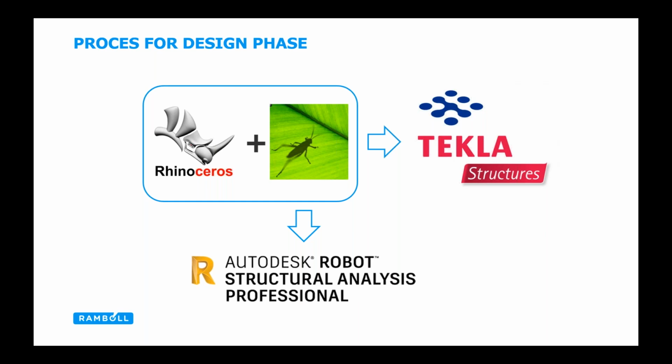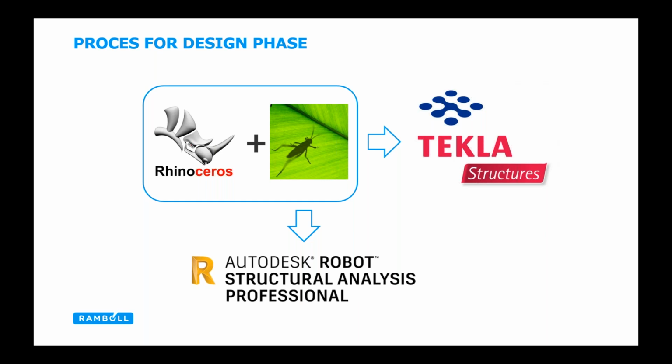They used the parametric approach in Rhino and Grasshopper software tools. So that's how they designed and optimized the shape of the structure itself.